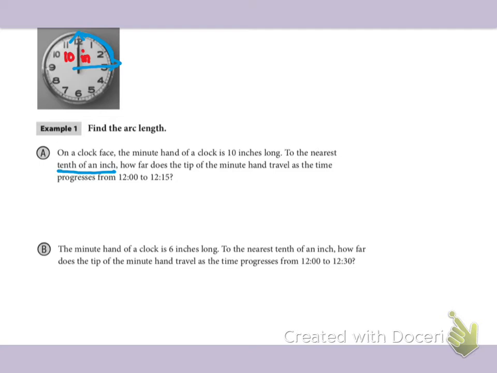Well, first of all, we need to know the measure of that arc in degrees. And I can tell that this is 90 degrees, because I just went 15 minutes, which is a quarter of an hour, and a quarter of 360 degrees is 90 degrees. So that's a right angle right there. So that's my M. My M represents 90 degrees of the full circle, which is 360 degrees. And now we know that the radius is 10 inches.